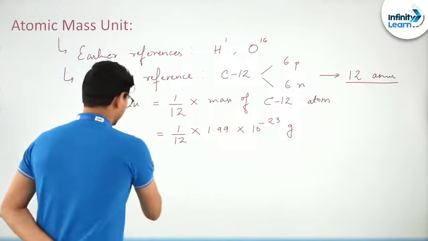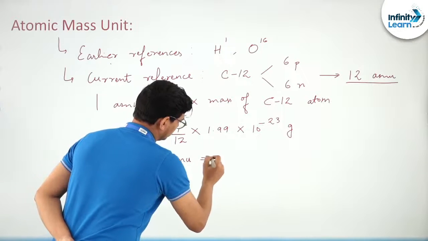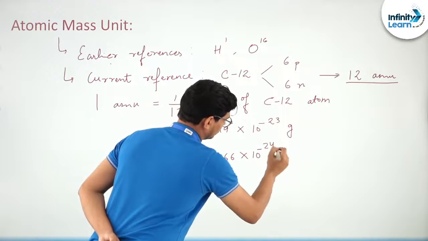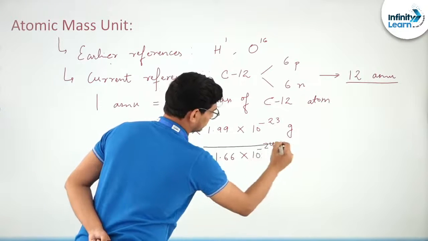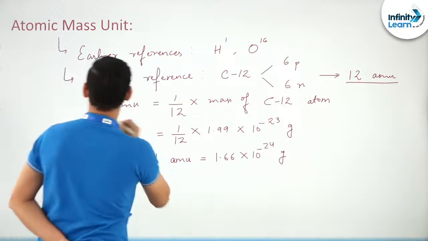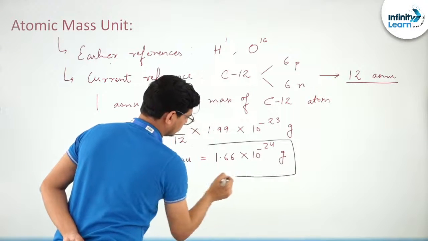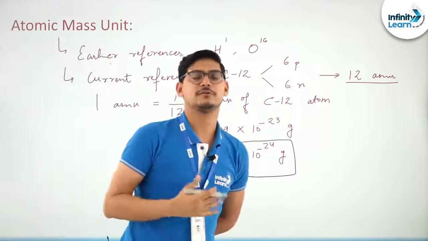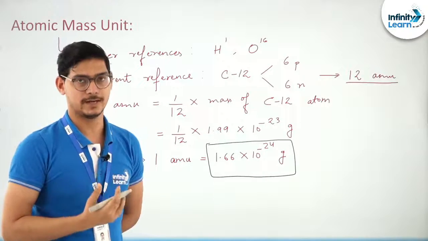So this gives us the value of 1 AMU, which is 1.66 into 10 raised to the power minus 24 gram, right?